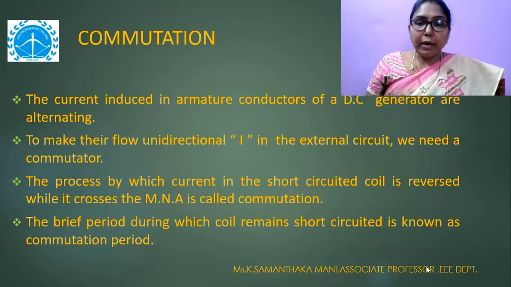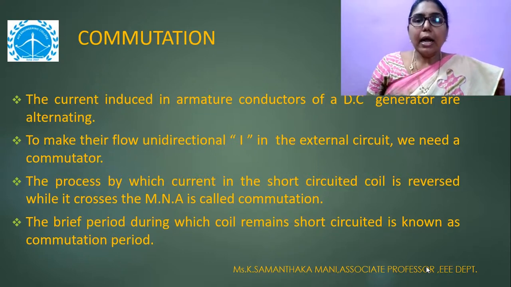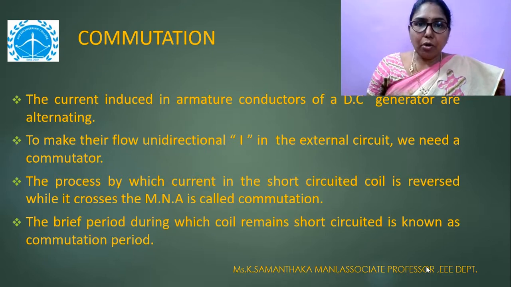This commutator collects the current from the armature winding, where the end connections are connected to the segments of the commutator, and it converts the alternating voltage and current to direct current or direct voltage. So the function of the commutator is to convert alternating current into direct current.